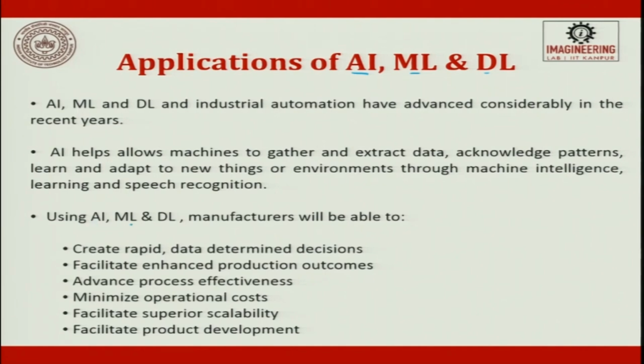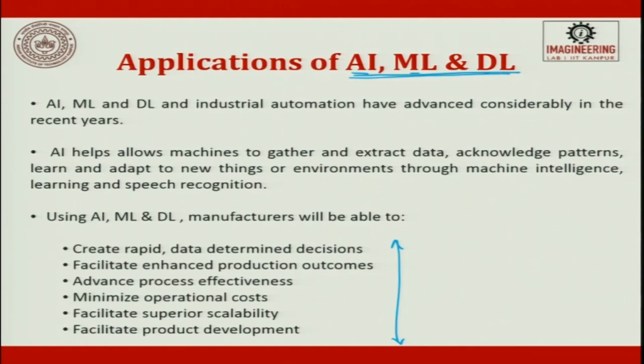Using AI, ML and DL, manufacturers will be able to make rapid data-driven decisions, facilitate enhanced production outcomes, advance process effectiveness, minimize operational cost, facilitate supervisory scalability and finally facilitate product development. All these things can happen because of AI, ML and DL getting used.